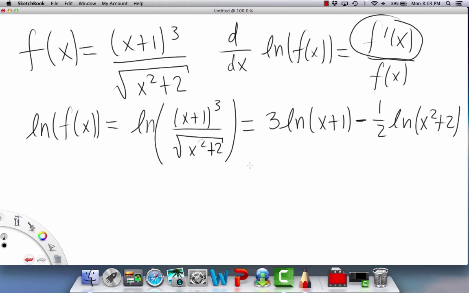So then, from here, according to the formula, we have to take the derivative of all of this. It actually isn't that bad, knowing the derivative of ln.